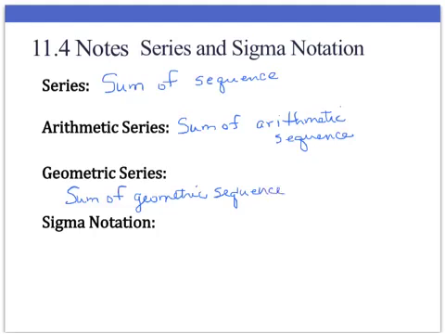Now we can show the sum of a sequence through this notation. We use the Greek letter sigma. This is the capital for an S. And a sequence always begins, we count our terms, T1, T2, T3. So we count those terms beginning with 1. And what goes in the sigma is we're adding each term.